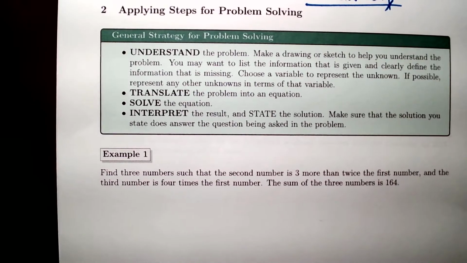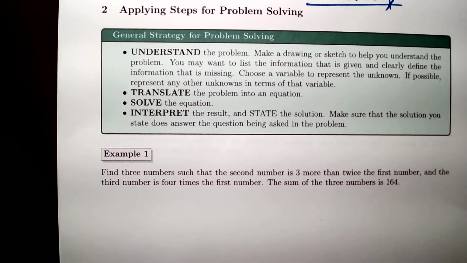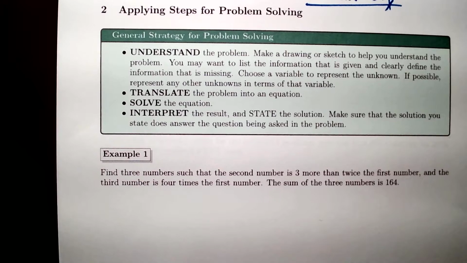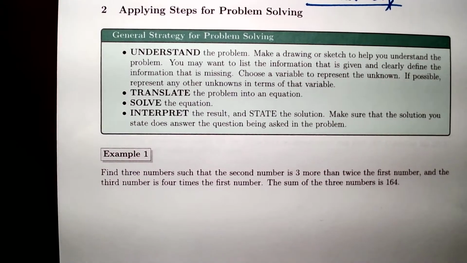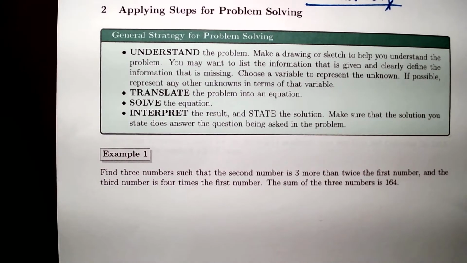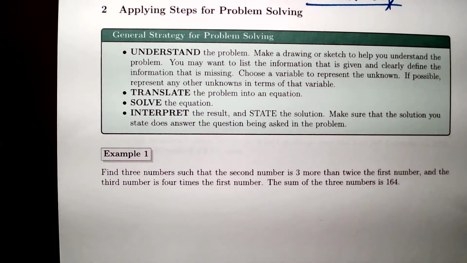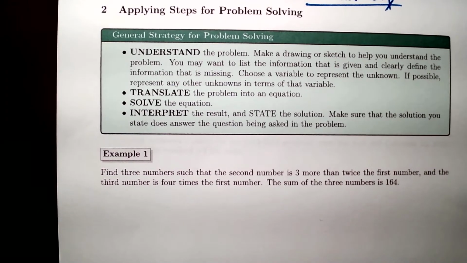And then the second step is translate. In the same step, rather, we choose a variable to represent the unknown quantity. Typically we use the variable x, so there's no way to go wrong for that part.